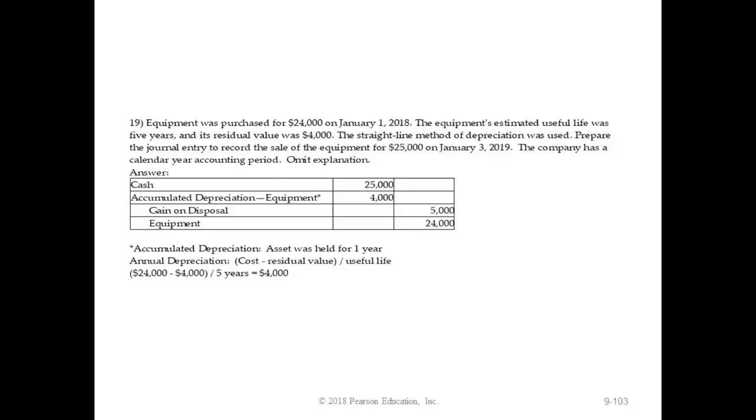So I'm going to take $24,000 minus that, so I'm going to be debiting my accumulated depreciation on equipment of $4,000. So my total debits right now are $29,000. I'm going to credit my equipment of $24,000. And so the difference out there is going to be a gain on disposal of $5,000. So it's going to be a gain on sale on this one.